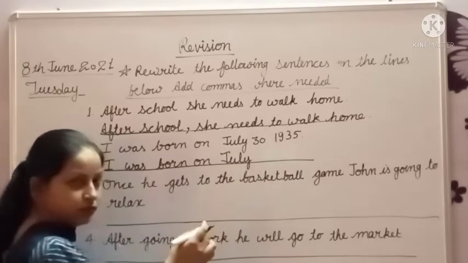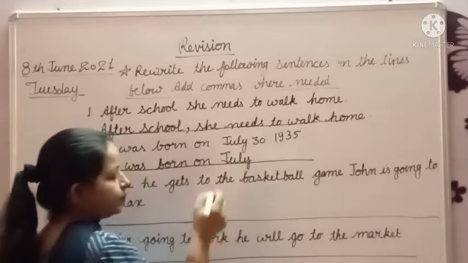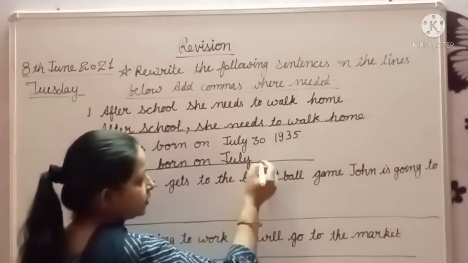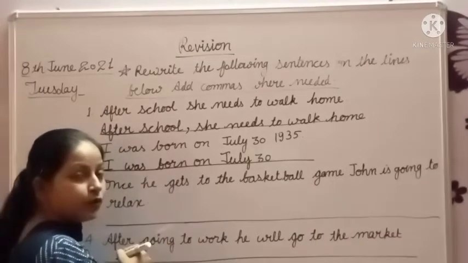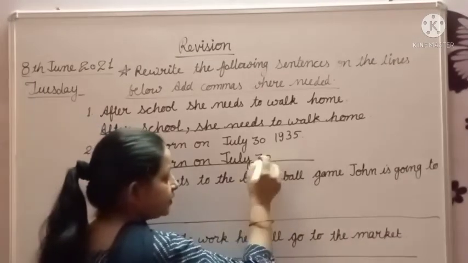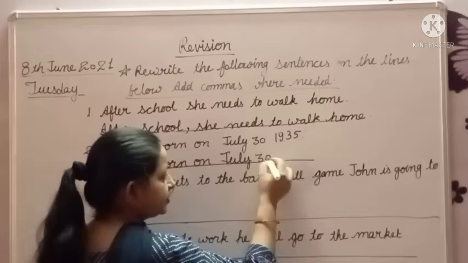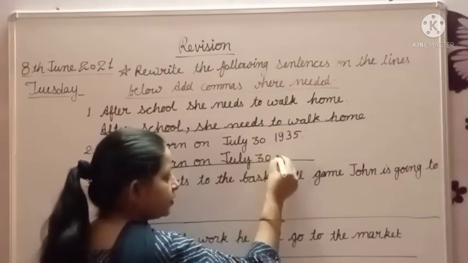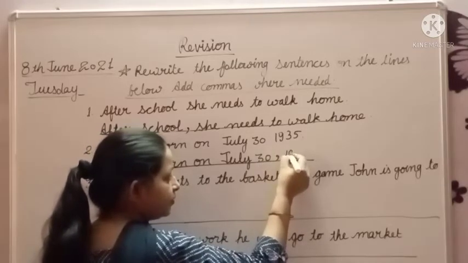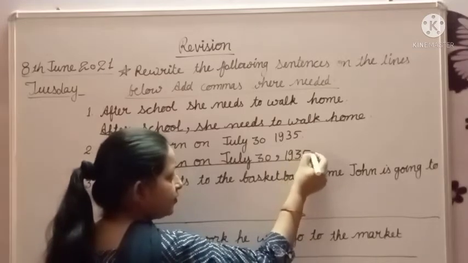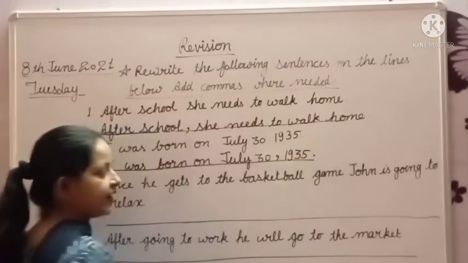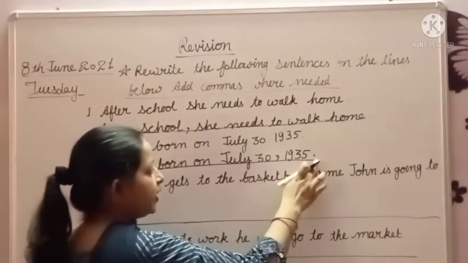July is a proper noun, so we will make the first letter capital. July 30, and where is the comma needed? After the date and month. July 30, comma, and we will write the year 1935, and put a full stop at the end of the sentence. Okay.